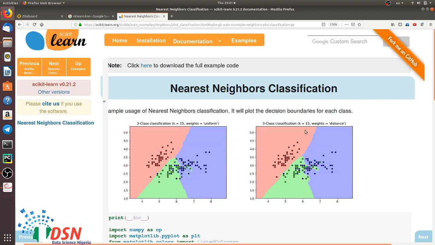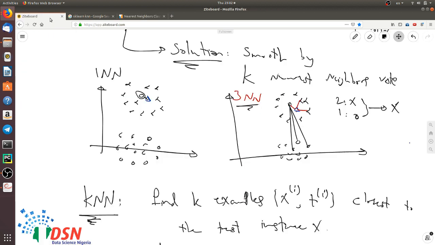So you could use weight equal to distance as a parameter of the nearest neighbor classification, but you could also use uniform, which means that you just calculate the nearest neighbors, but after that you don't use the distance as the weight for your classifier.